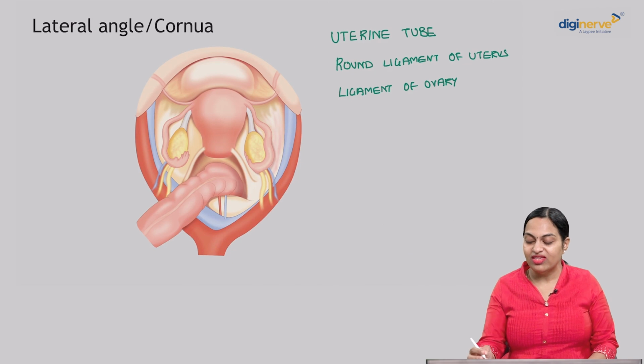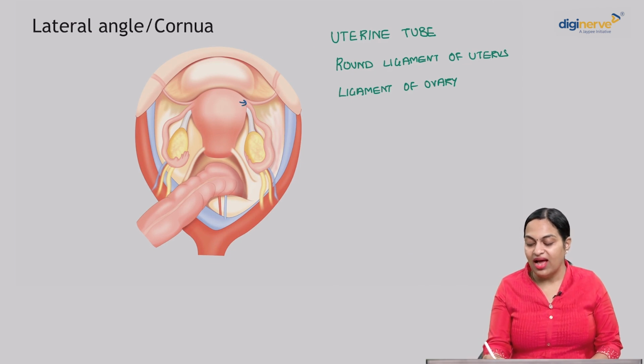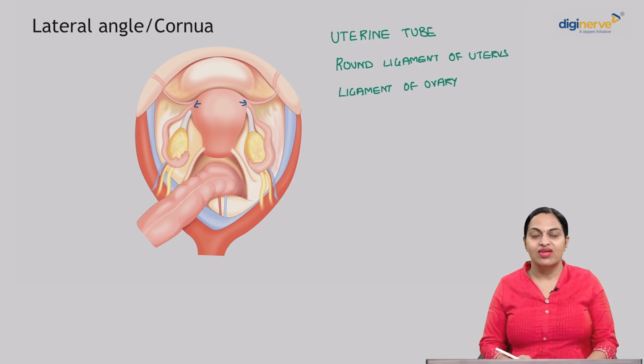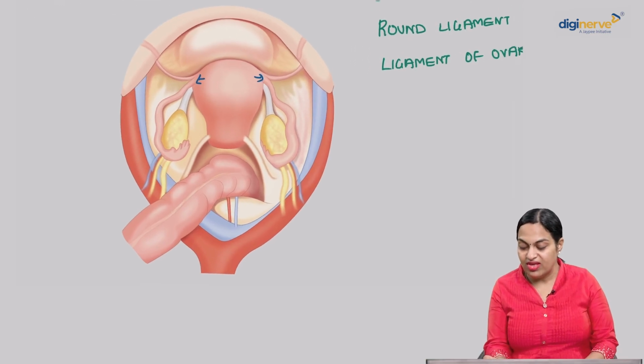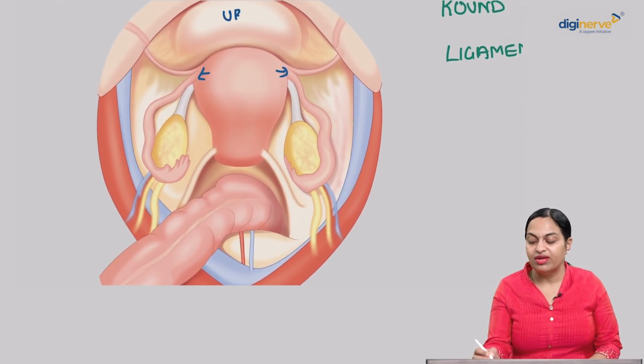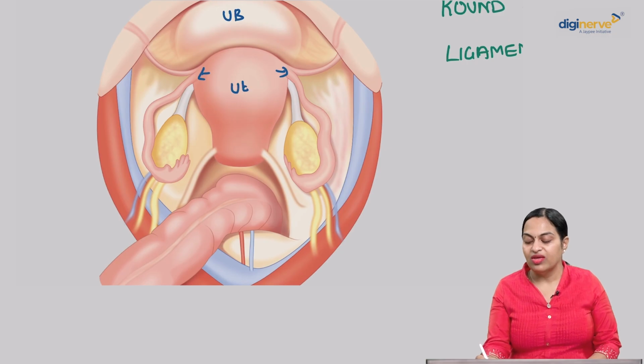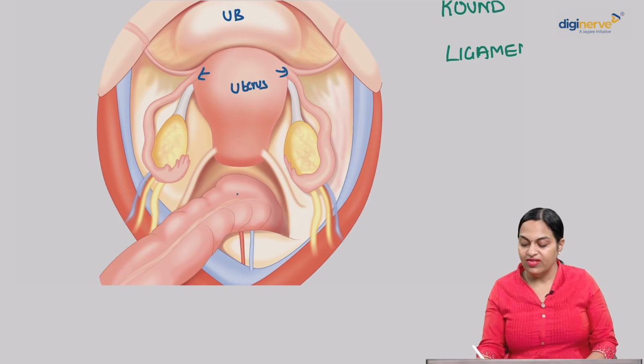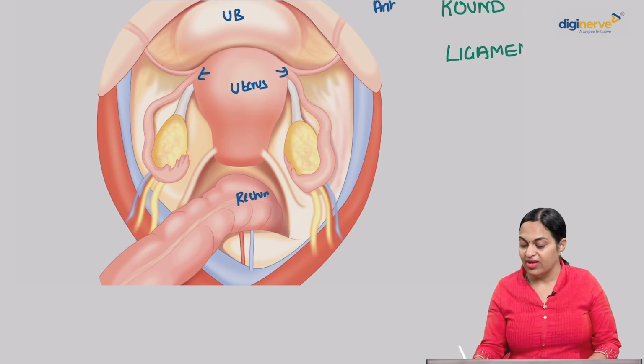Now, coming to the relations at the lateral angle of the uterus, there are three important structures. This image that you see here, here is the urinary bladder, this is the uterus, and here is the rectum, right? So, this is anterior and this is posterior.